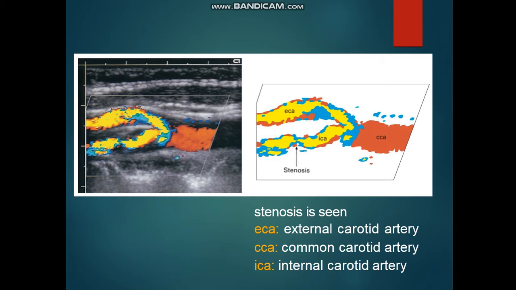In obstetrics, Doppler ultrasound is used particularly to determine fetal blood flow through the umbilical artery. With Doppler echocardiography, it is possible to demonstrate regurgitation through incompetent valves, and pressure gradients across valves can be calculated. In this picture, you can see stenosis of the internal carotid artery.